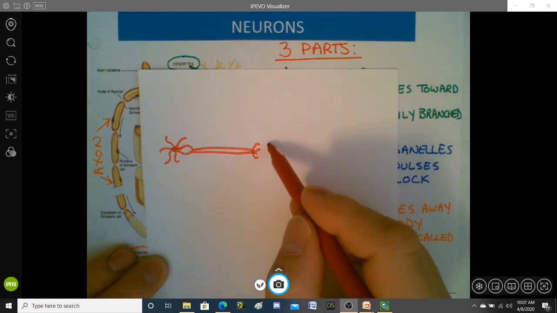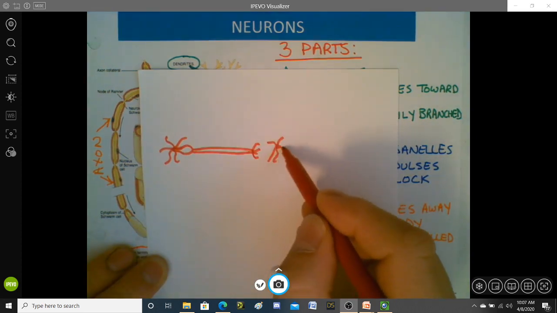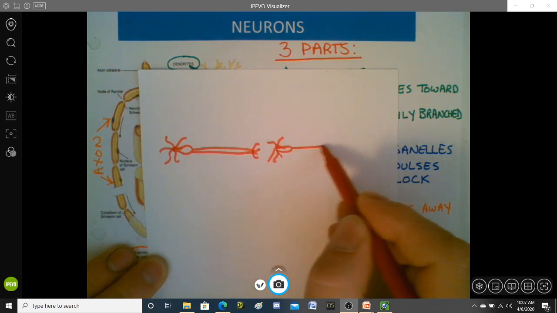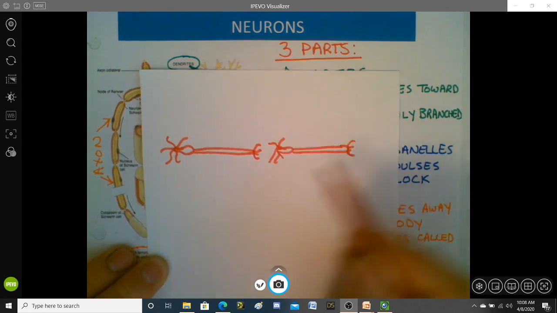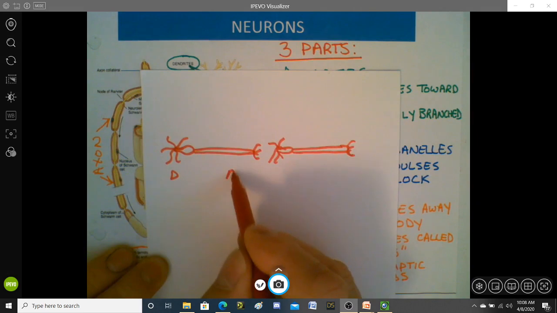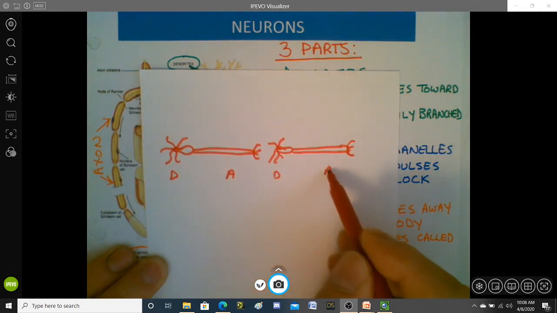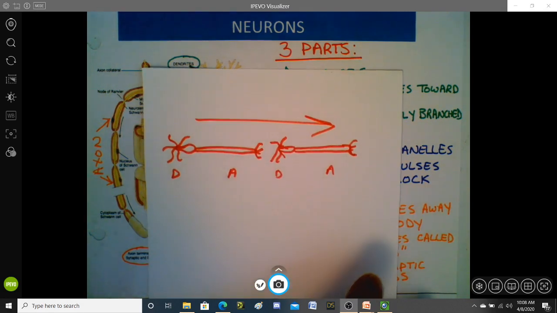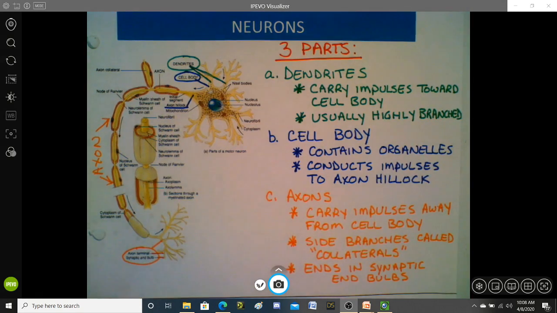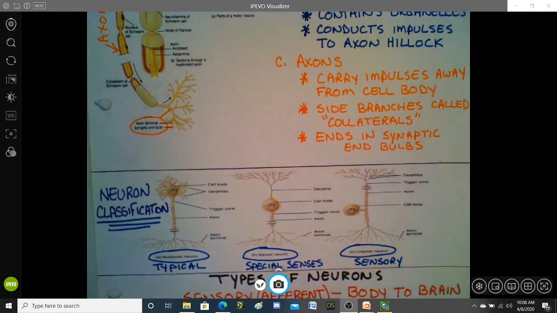And then the next cell is going to be attached like this. And so your nerves are made out of millions of neurons that have a dendrite and an axon that are going to receive information. Now, most action potentials can only move in one direction through this neuron. So the neurons are the main component of our nerve. They're moving the action potentials.